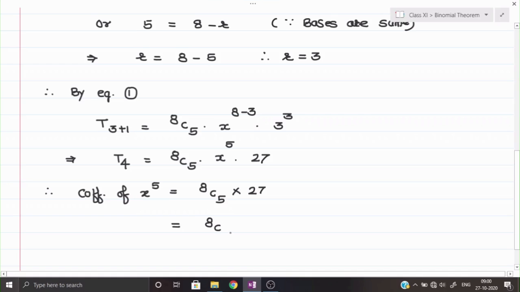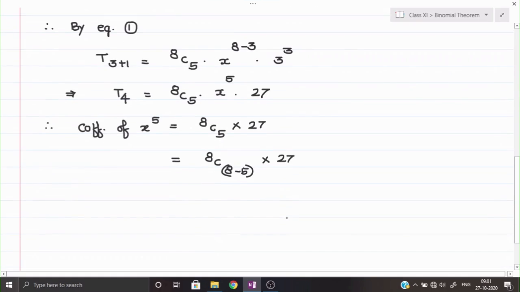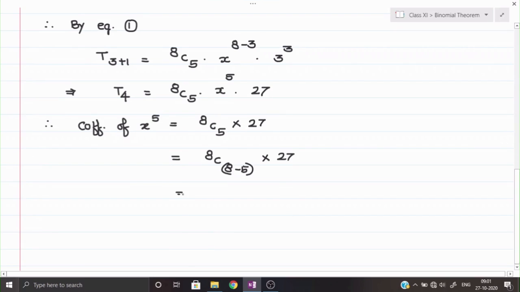8C5, we can apply the complement rule. 8C(8 minus 5) into 27 will be as it is. Okay, so this will become 8C3. So 8C3 into 27. Now 8C3 I can open.